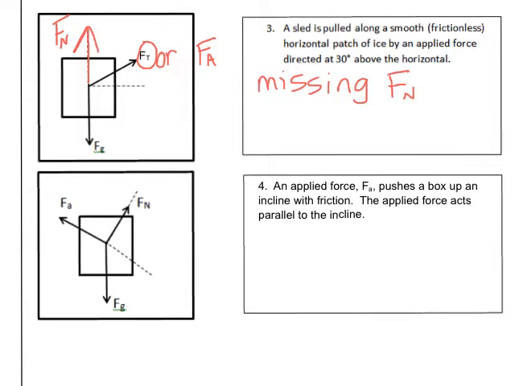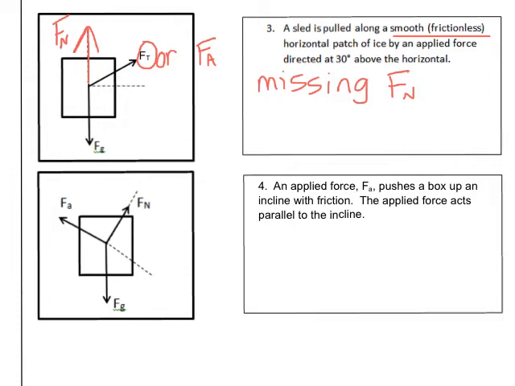Read your description. No. Oh, frictionless. Okay. So this is where you're going to have to look at the description and the scenario of the picture that's drawn as well. This one specifically said there's no friction. So on a test, I might give you a picture like this, and you would say this one is incorrect because it did not draw the normal force.